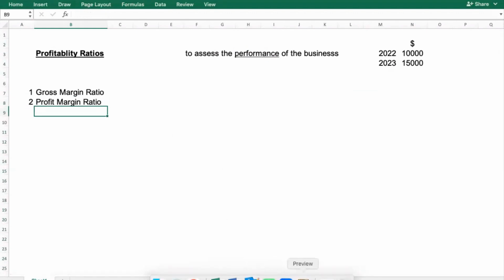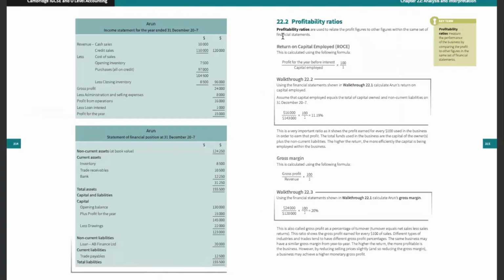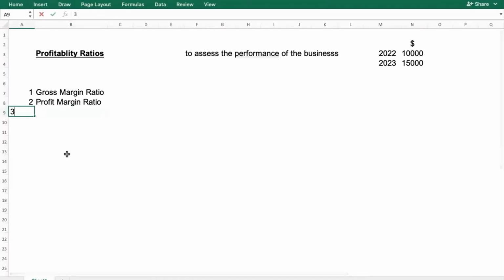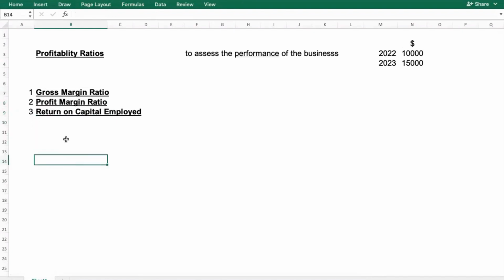The third ratio we include is return on capital employed. We will discuss all these three ratios, and all are in the category of profitability ratios.